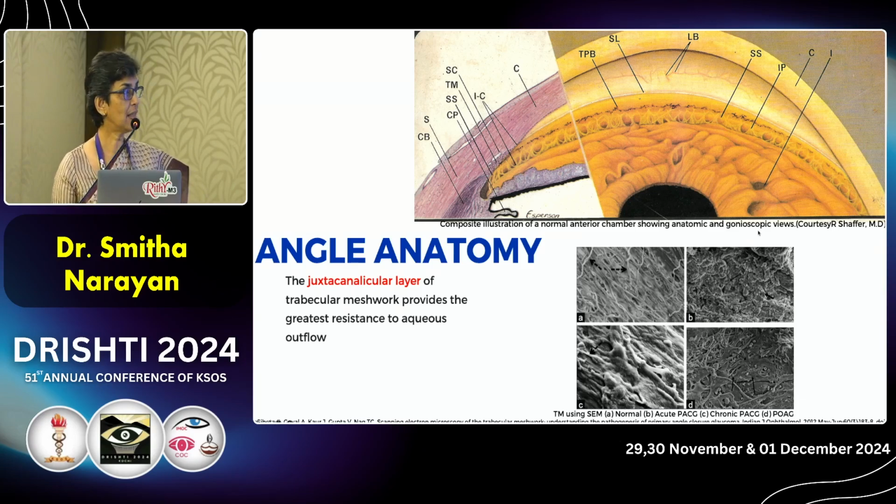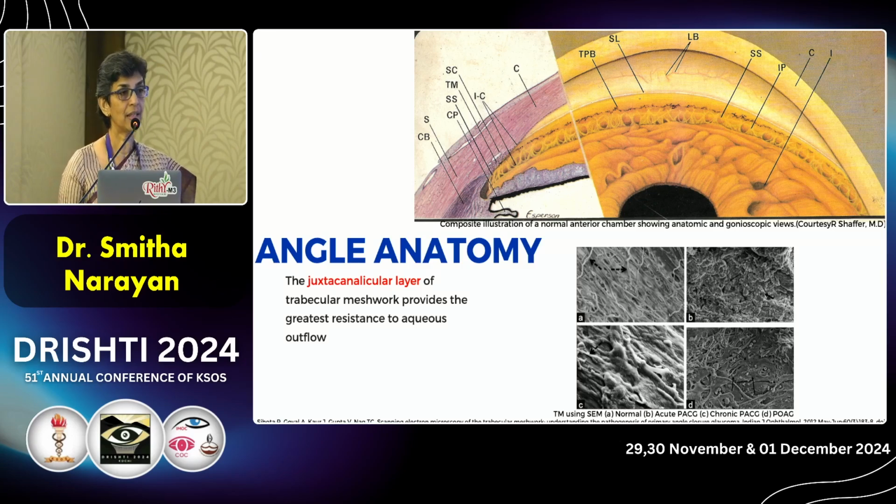You can see these electron microscopic pictures here. The first picture shows the normal trabecular meshwork under the electron microscope. The second picture shows how it appears in an acute attack of angle closure glaucoma, and the third one is in a chronic case of angle closure glaucoma. And finally, how the primary open angle glaucoma trabecular meshwork appears.